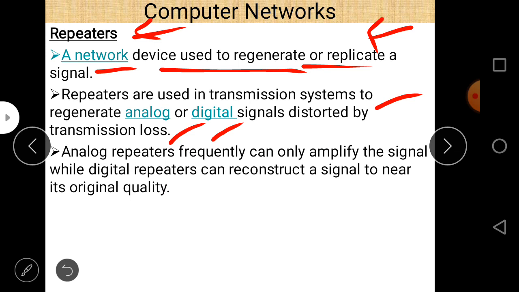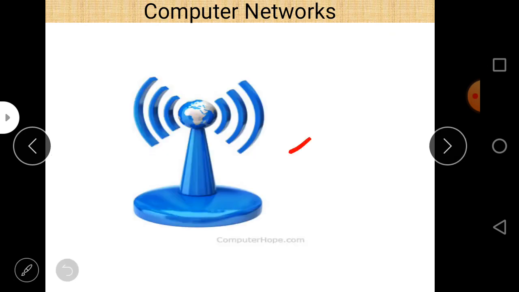And analog repeaters frequently can only amplify the signal, while digital repeaters can reconstruct a signal to near its original quality. So two types of repeaters are there, analog repeaters and digital repeaters. Analog repeaters can amplify the signal, while digital repeaters can reconstruct a signal to near its original quality. And this is a diagram of a wireless repeater, which basically amplifies the signal.